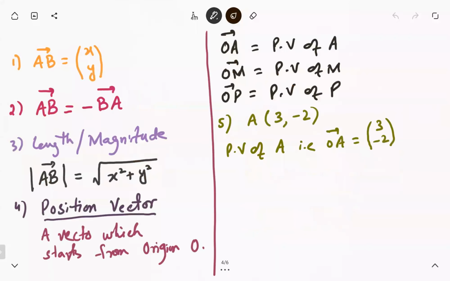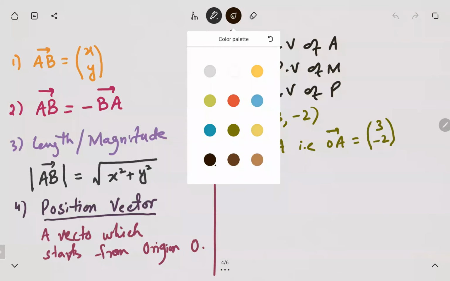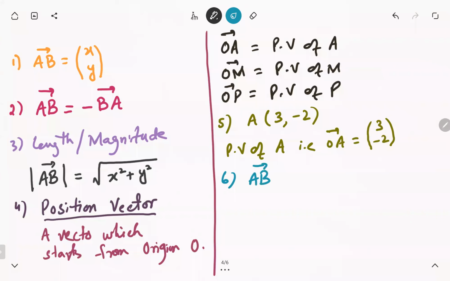So that is our next sixth important point, that vector AB is equal to OB minus OA. Position vector of B minus position vector of A. एक कोई और लिख देते हैं, PQ.